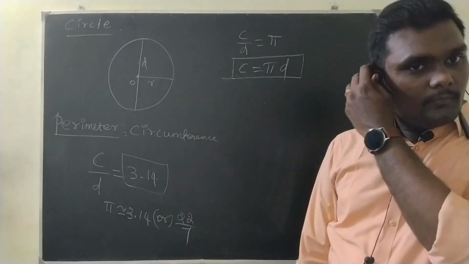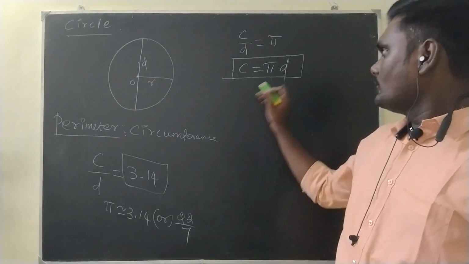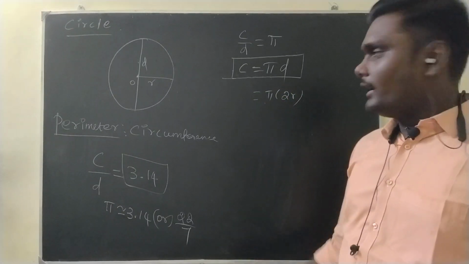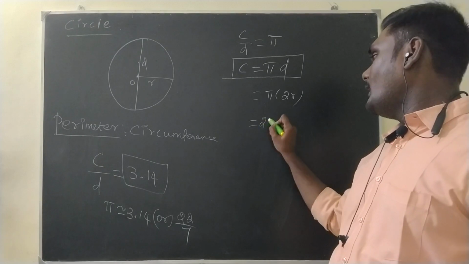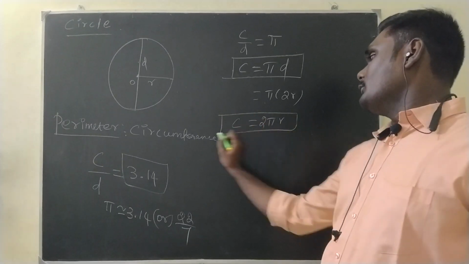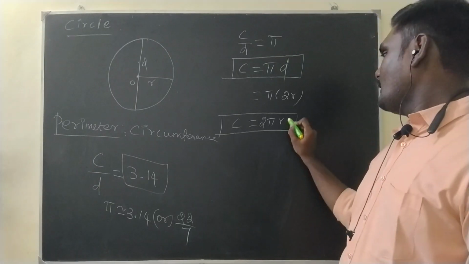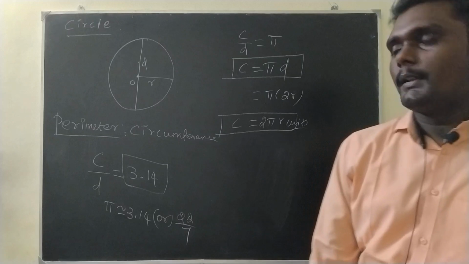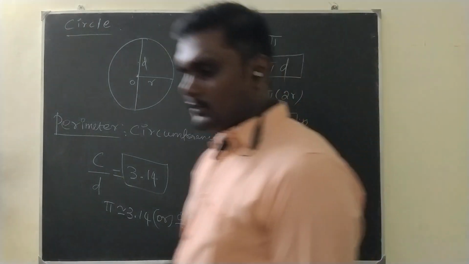It is 2 times radius. So, instead of diameter, you can write 2 times radius, and there comes the formula. The circumference of a circle is 2 pi r units. It is measured in units of length, because it is a kind of perimeter, right? Any doubts on this?